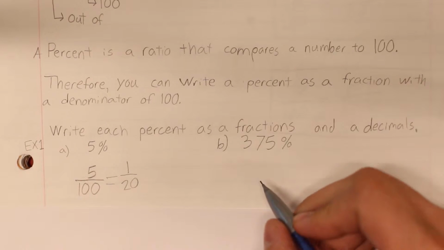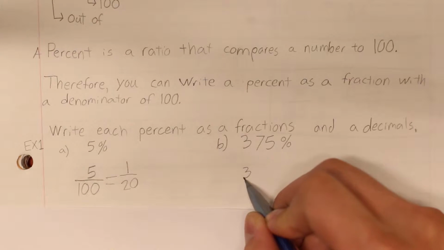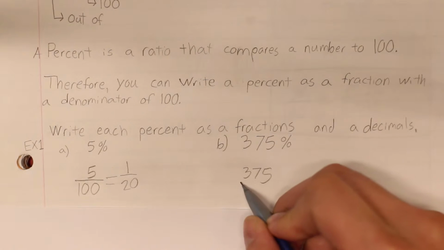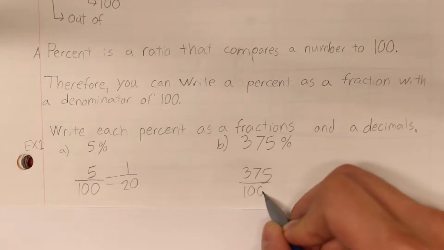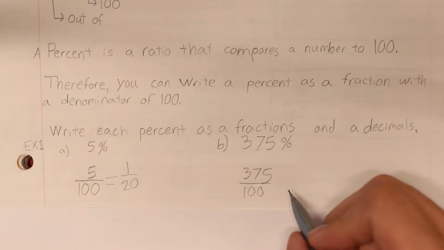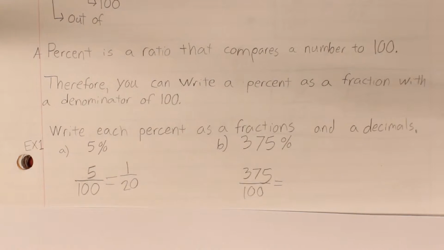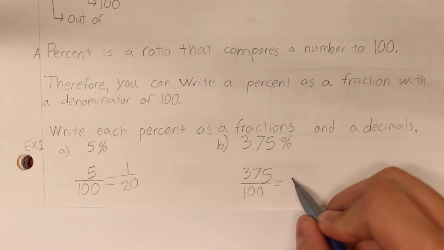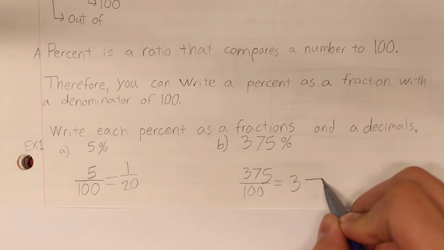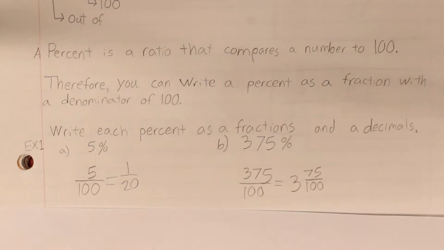Over here, once again, you could take the whole percentage and put it over 100. So you have 375 over 100, okay? Now I know that this is improper, so I'm going to go ahead and turn this into a mixed number. So I'm just going to make my equal sign like this and say that's 3 with 75 over 100.